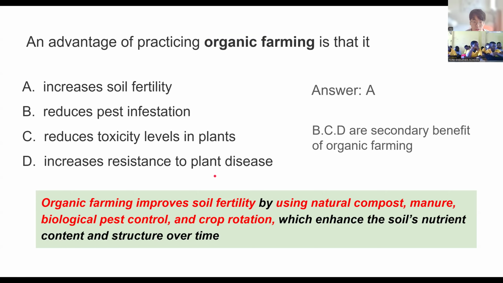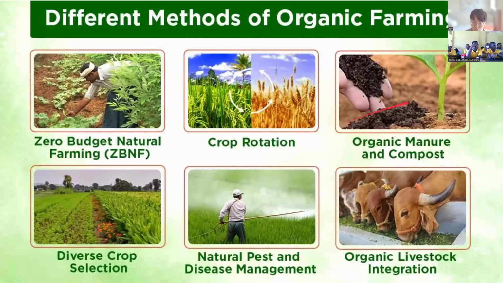Okay. So let's talk more about organic farming and different methods of organic farming. So we talked about all these different methods. First is zero budget natural farming, which is also part of a practice of organic farming.